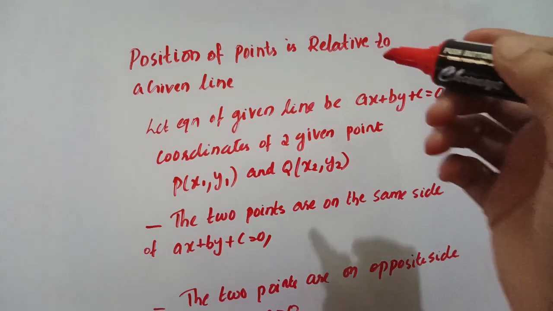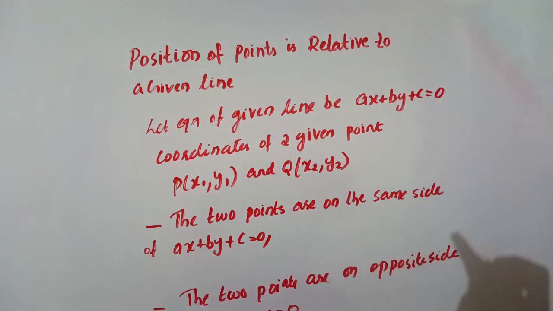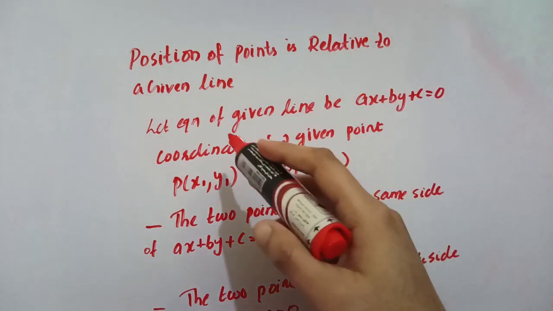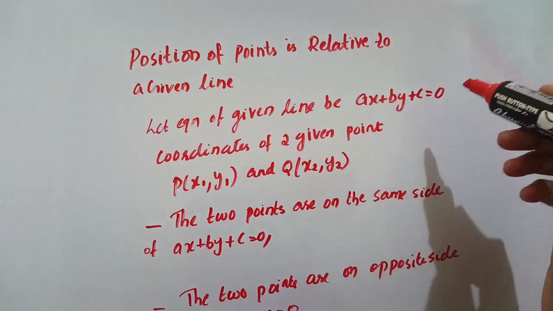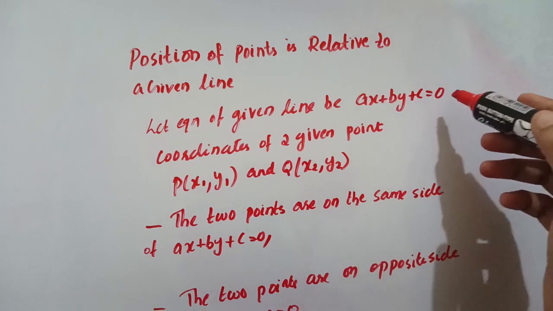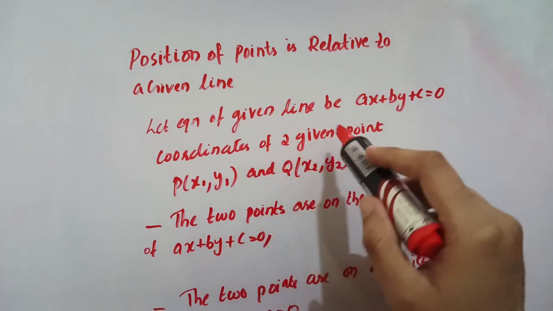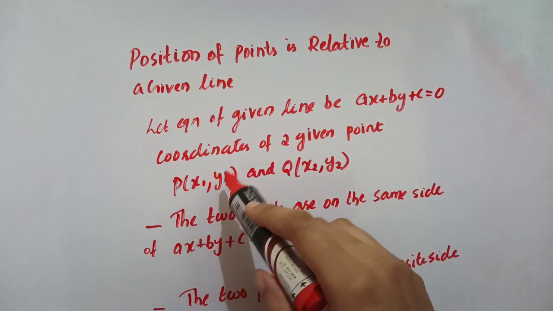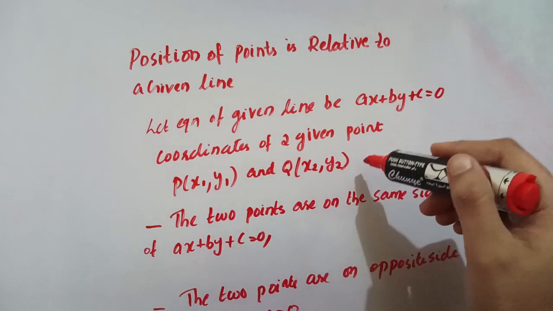Next, position of a point relative to a given line. Let the equation of the given line be ax plus by plus c is equal to 0. Coordinates of two given points are P of x1, y1 and Q of x2, y2.